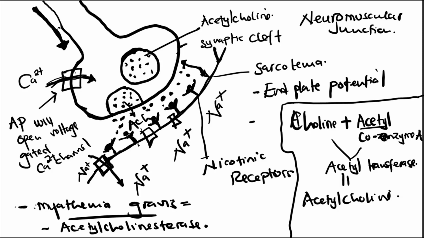So that will cause a tetanic contraction. Your muscles won't be able to relax because acetylcholine is continuously stimulating your muscles. Okay, so that is how synaptic transmission occurs at the neuromuscular junction.